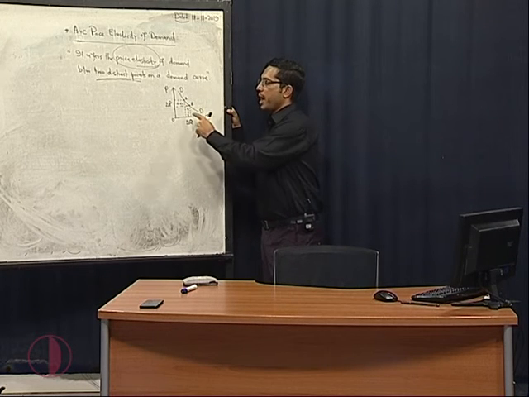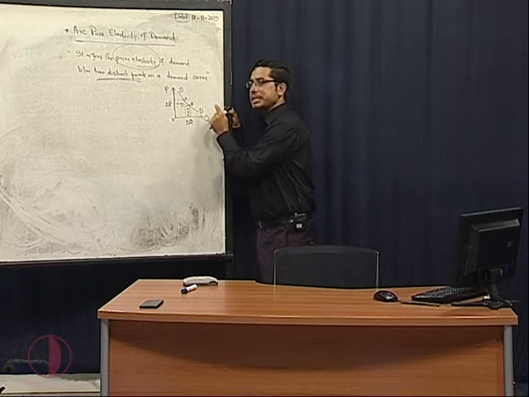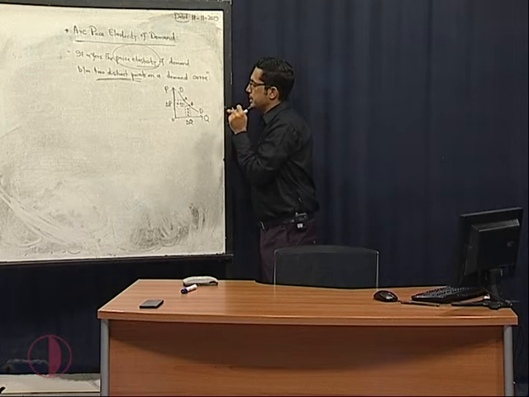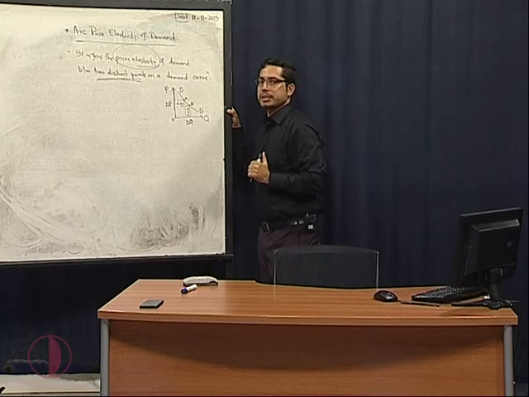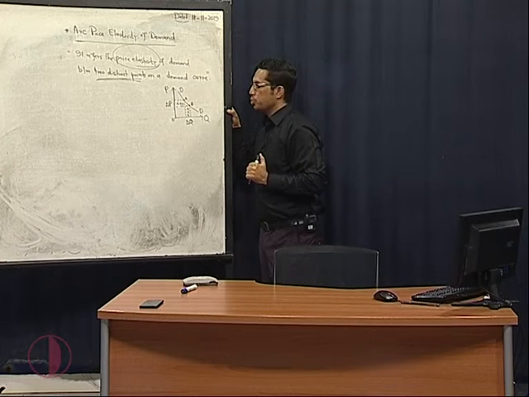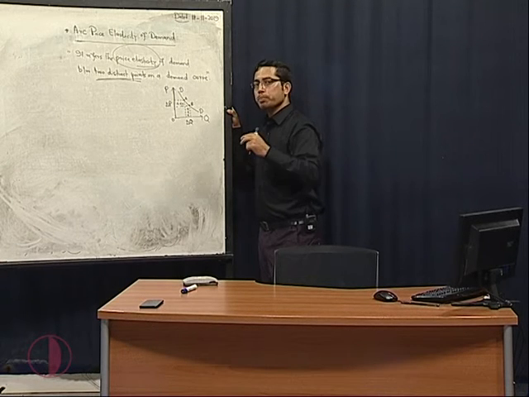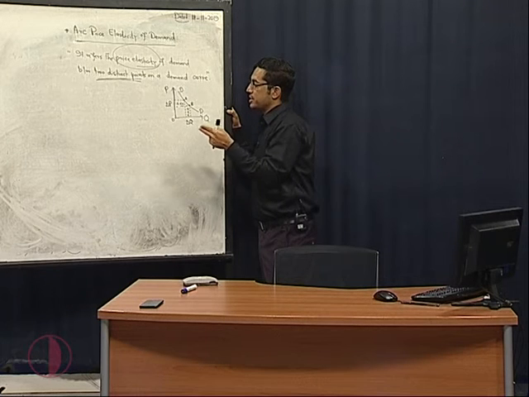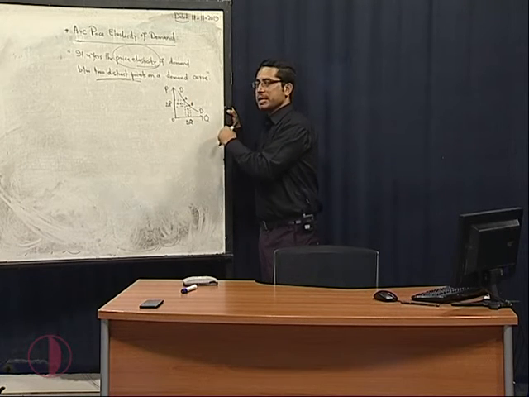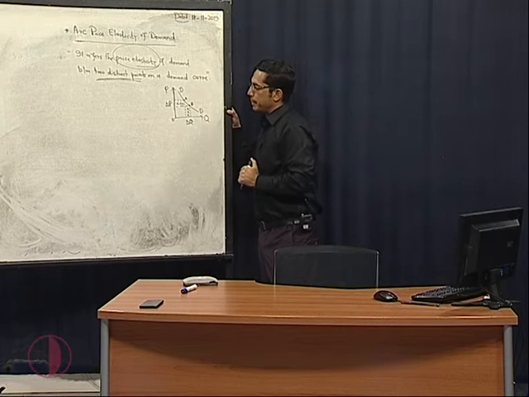So, if we have the case of two distinct points on the same demand curve, we will use the concept of arc price elasticity of demand to measure the responsiveness of the change in quantity demanded caused by a change in the level of price.